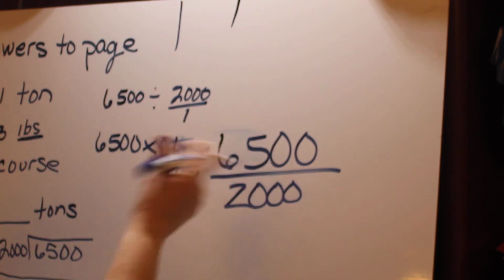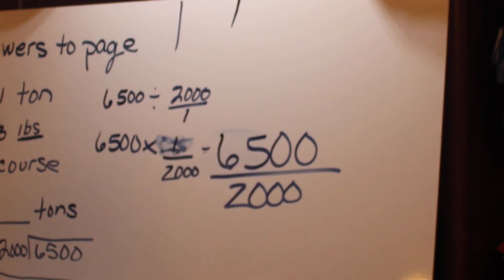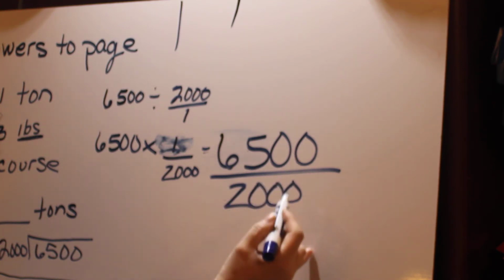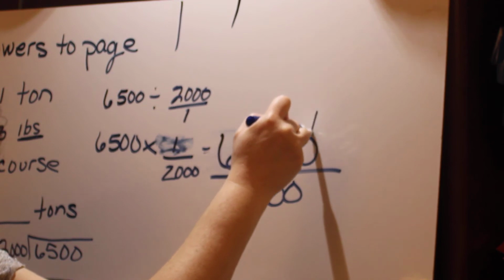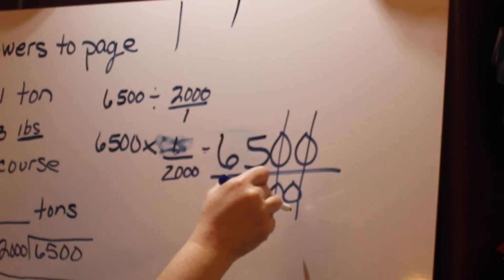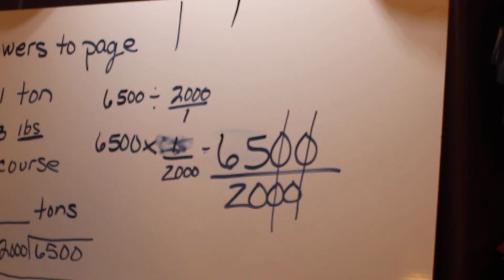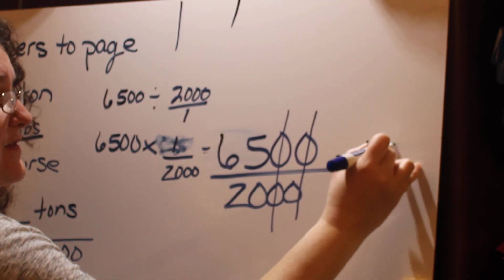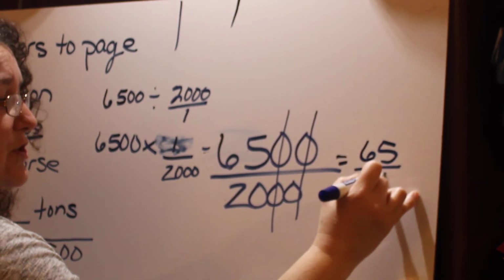In this case, it can also be divided by 100, and could also be divided by 1,000. I'm going to show you a trick though. When you have your zeros like this, you can actually cross these out. That's the same thing as dividing by 100, and it leaves you with 65 over 20.